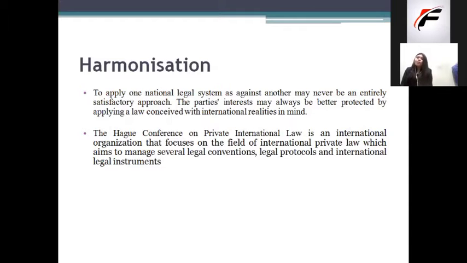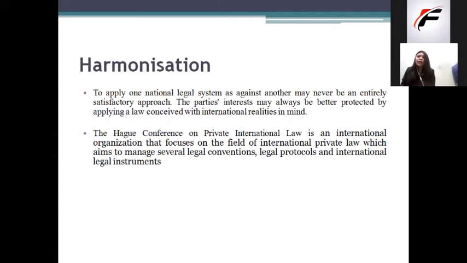So there is the Hague Conference on Private International Law. It is an international organization that focuses on the field of international private law, which aims to manage several legal conventions, legal protocols, and international legal instruments.